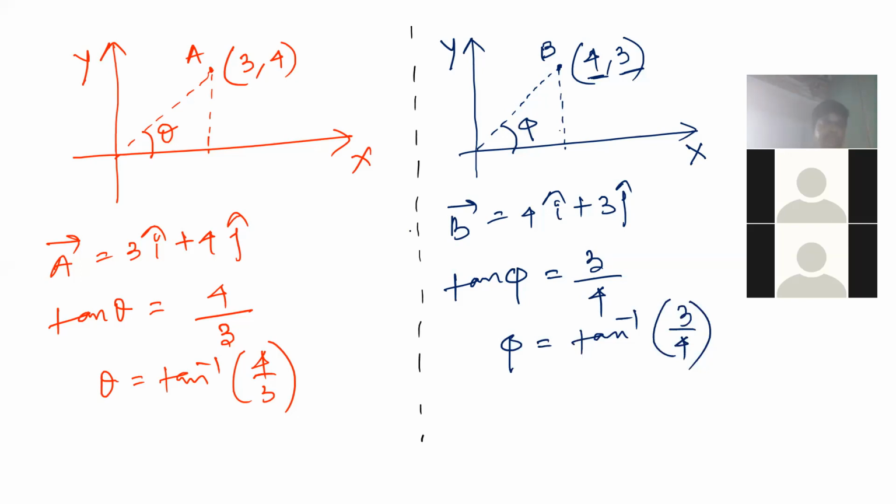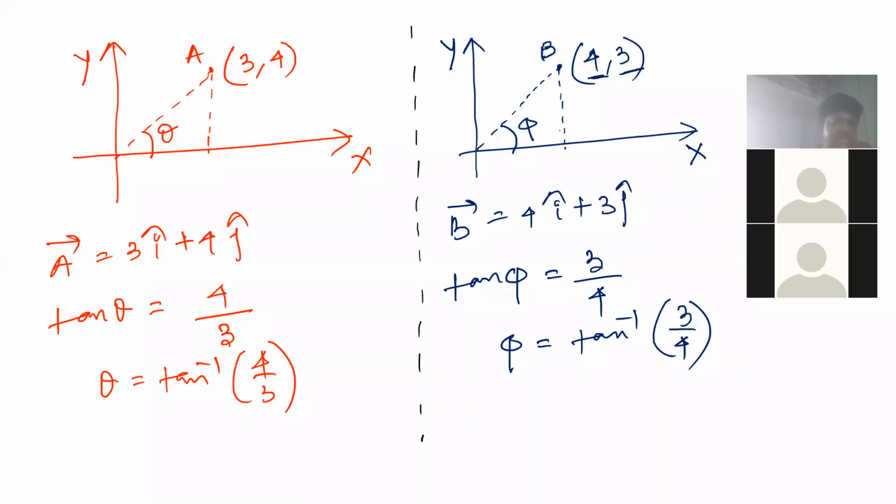Theta equals tan inverse 4 by 3 and phi equals tan inverse 3 by 4. How can we say whether these two values are equal? Because tan inverse 4 by 3 and tan inverse 3 by 4 are not equal, right? Because 3 by 4 and 4 by 3 are different.